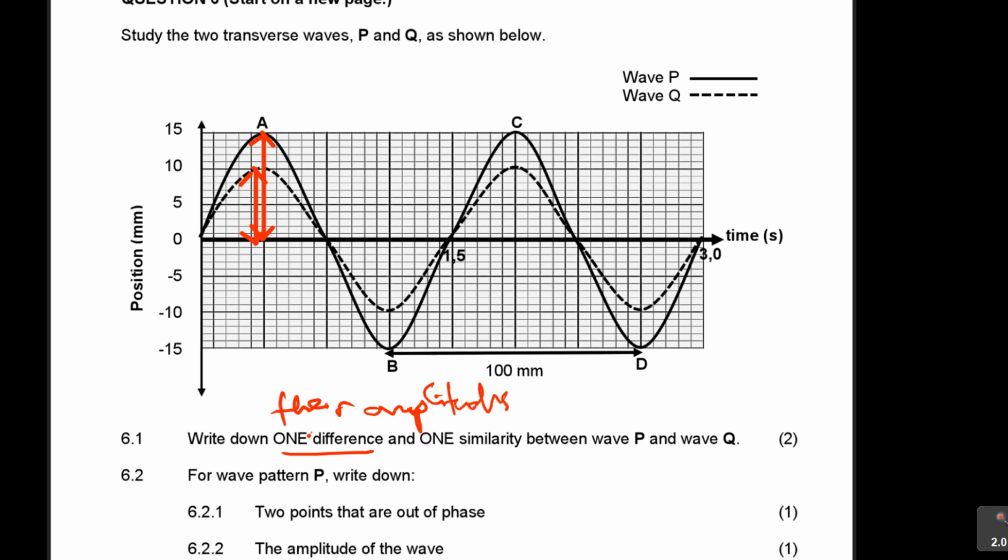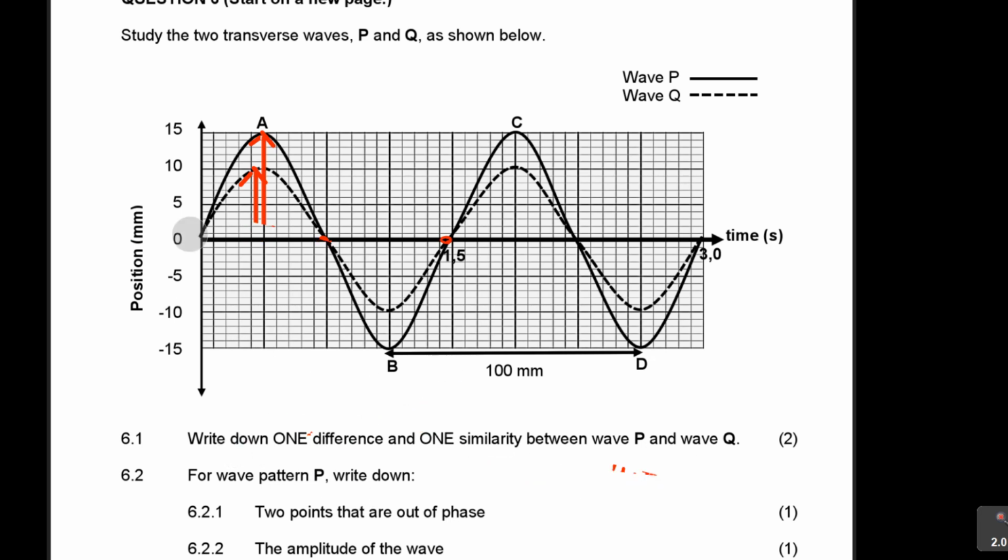Alright, and then what about similarity? What is the same? It is their wavelength. Look at this. Their wavelength is the same, crest to crest. Similarity is their wavelength, same wavelength. Alright, you get 2 marks.